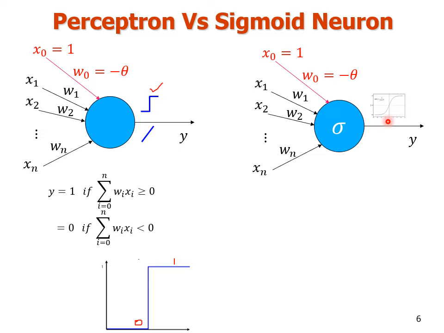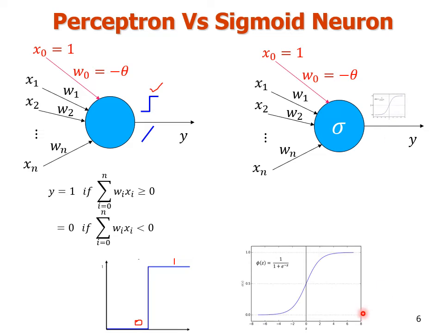In general, the logistic function is defined as the function phi of z is equal to 1 divided by 1 plus e to the power minus z. So whenever we apply this sigmoid function here with neural networks, the z becomes the weighted sum.